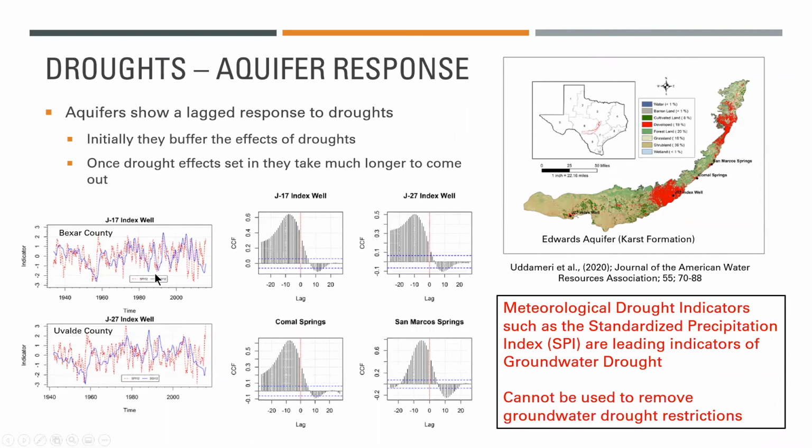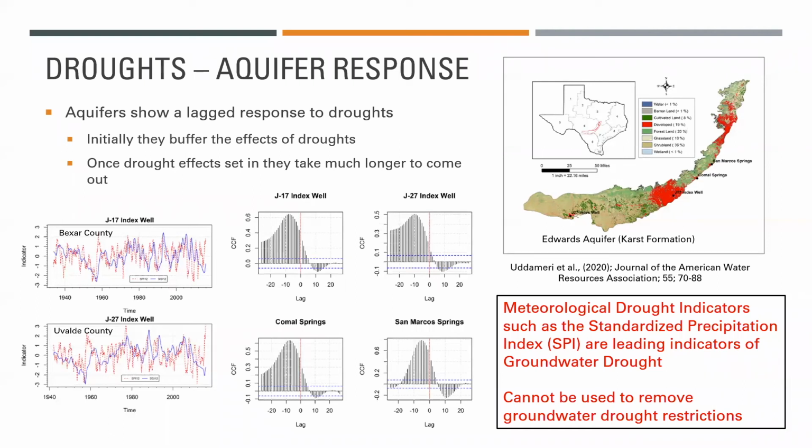So how we regulate groundwater to climate change is that we have to understand that groundwaters react slowly, but they react for a longer period of time. So if you are using meteorological measures to regulate groundwater, we can certainly use them as indicators for saying when to put in those conservation policies.